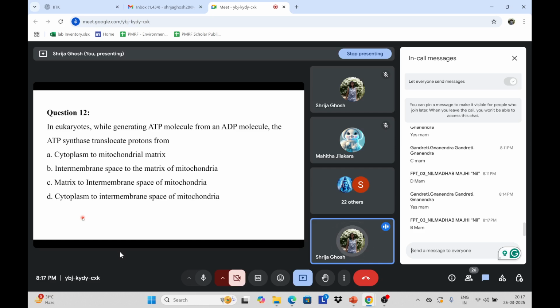What about others? Anyone else? Okay, I have another answer, option D, cytoplasm to intermembrane space.